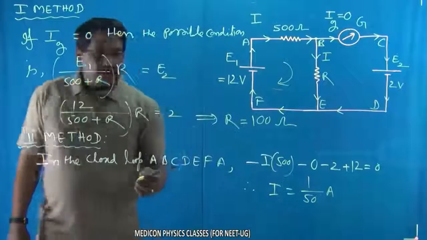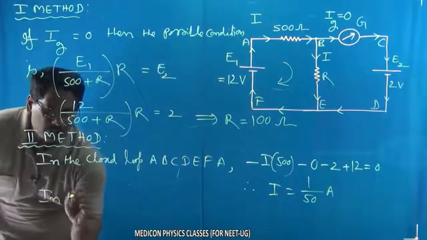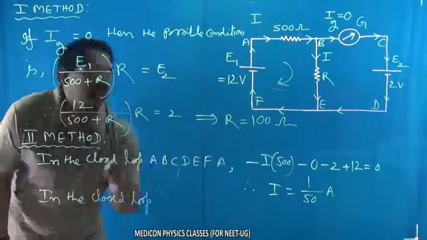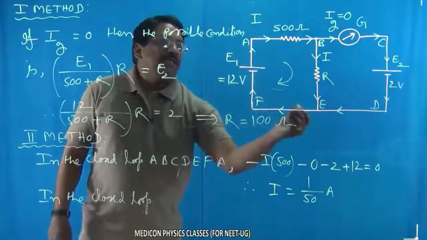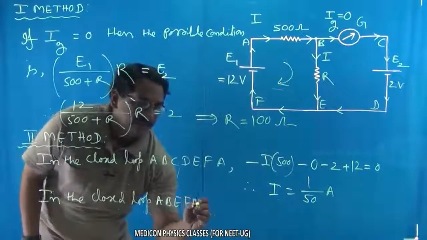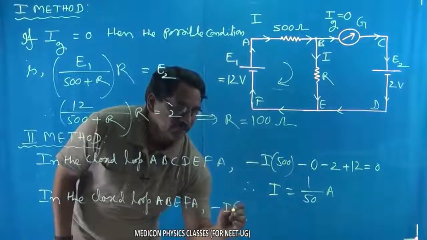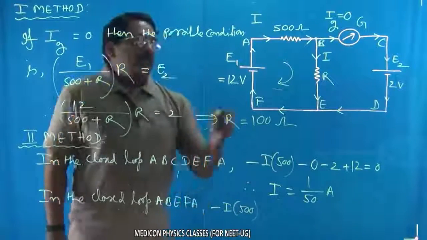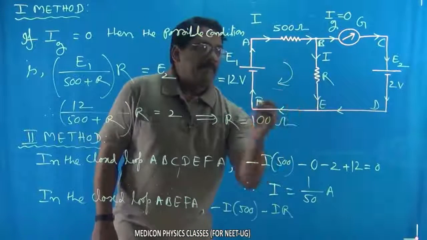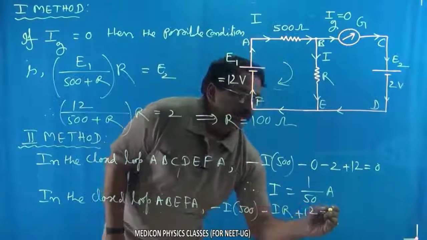So now in this closed loop, A, B, E, F, A, we write minus I into 500, minus I into R, and the cell negative terminal to positive terminal, plus 12 equal to 0.